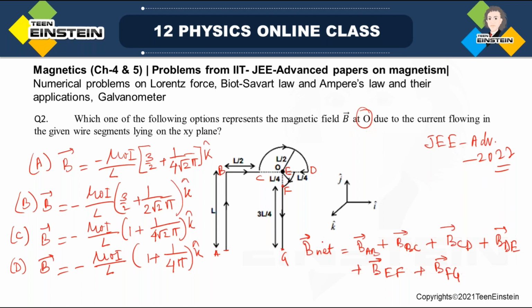Okay, so look here, if I consider AB, BC, CD, DE, EF, and FG. So EF is this arc part, this part. This is another arc having radius L by 4. CD is an arc having radius L by 2.